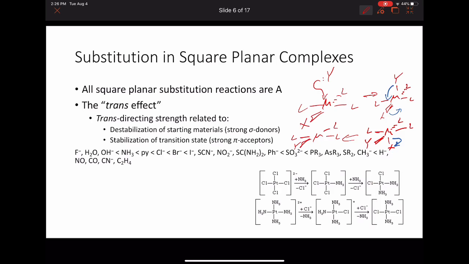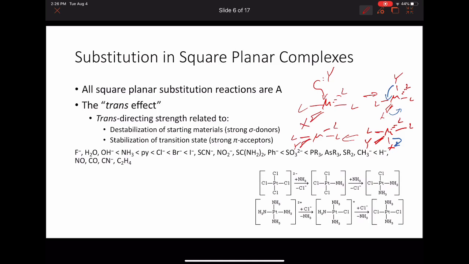So we can see the strength of trans-directing agents are as follows on the system that we have shown below. Fluoride, water, hydroxide are all weak trans-directing agents, whereas the hydride anion, H-, which is an incredibly strong sigma donor, and cyanide, which is a strong pi acceptor, are going to be strong trans-directing agents.